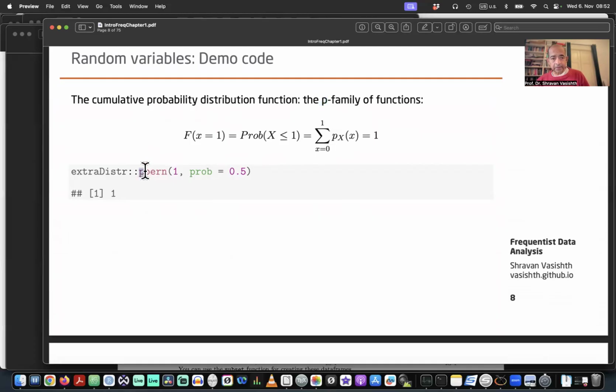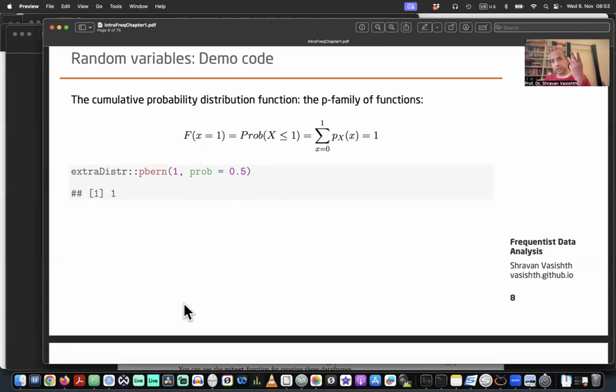So if I type pbern, and then I write 1 and define the probability of success here, what this pbern function is doing for me is computing the cumulative probability of observing 1 or something less than that. That's what this function does. So this is a convenience function for us, which actually implements in the software the cumulative distribution function, right?